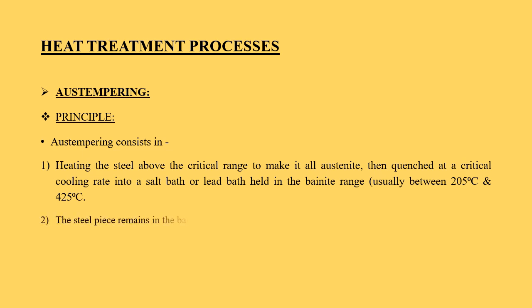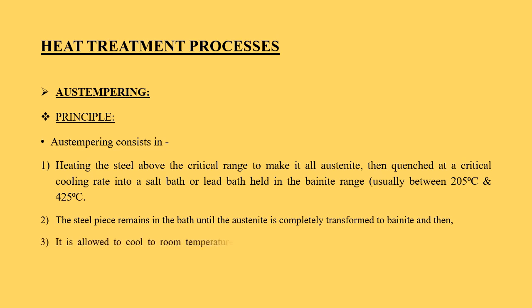Then the steel piece remains in the bath until the austenite is completely transformed into bainite, and then it is allowed to cool to room temperature. Tempering is rarely needed after austempering.